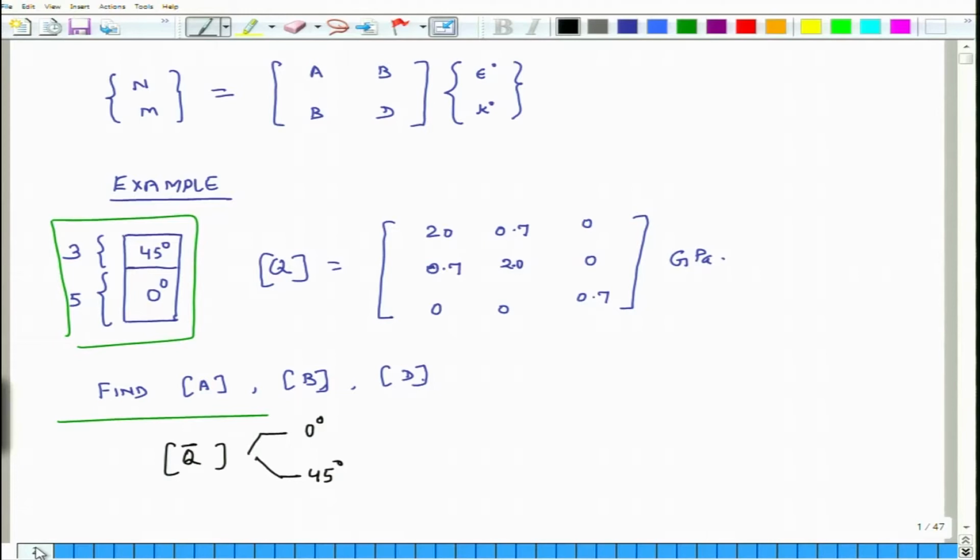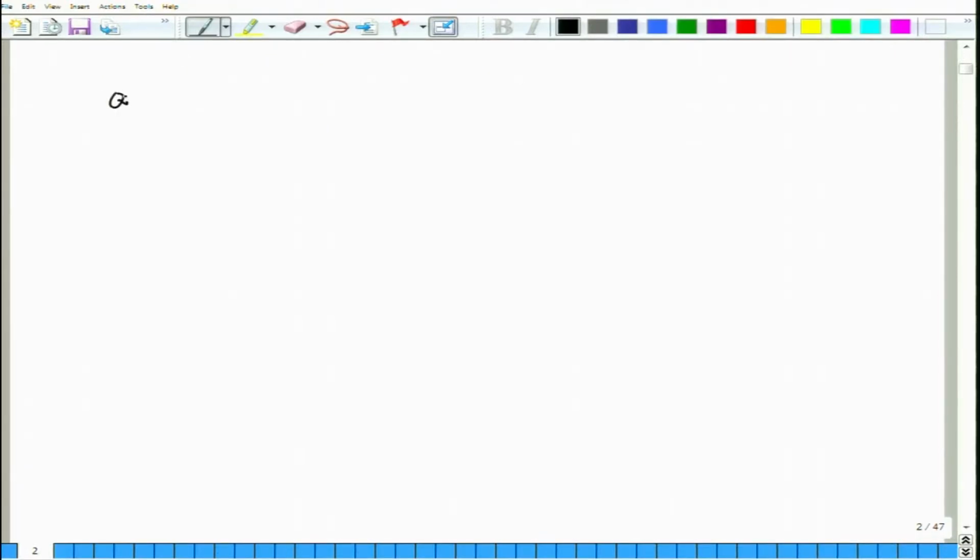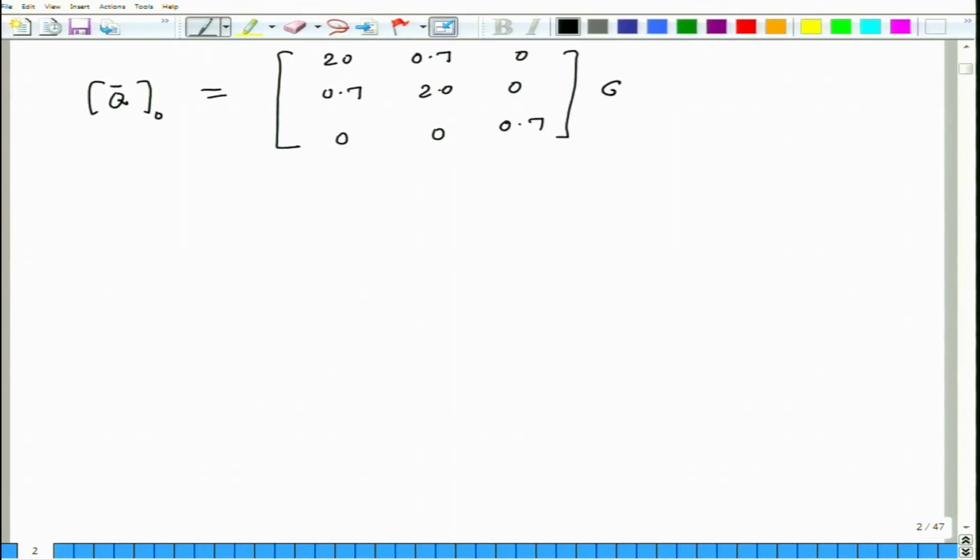For the 0 degree layer, the Q bar matrix is the same as Q. So, the number is given here: 20, 0.7, 0; 0.7, 2.0, 0; 0, 0, 0.7 GPa.